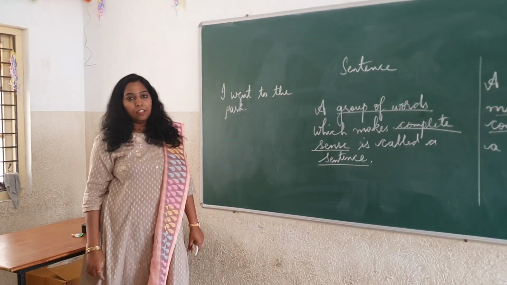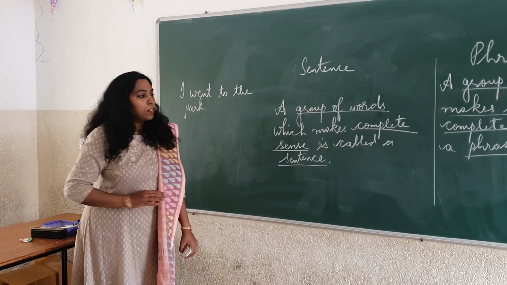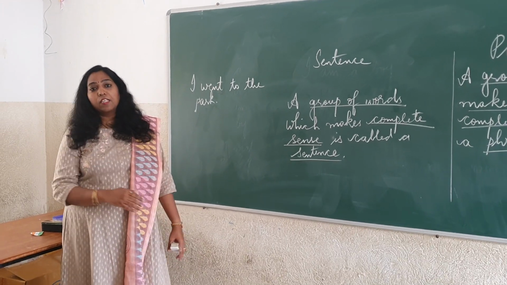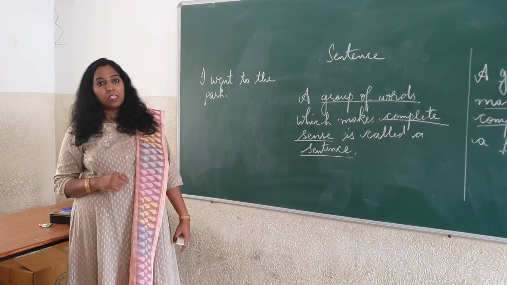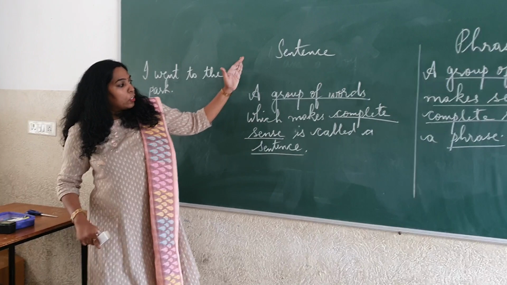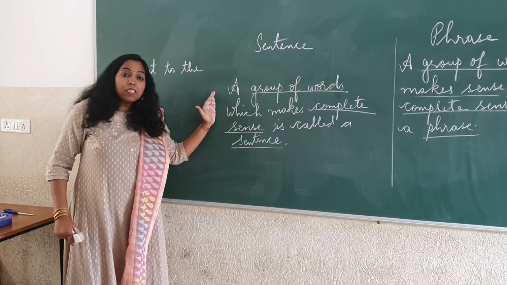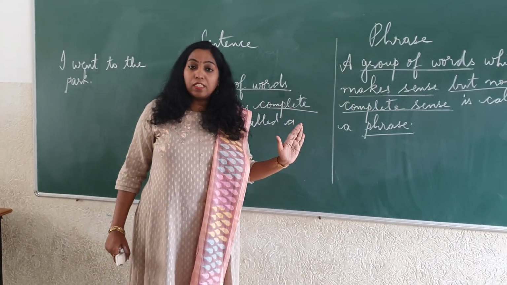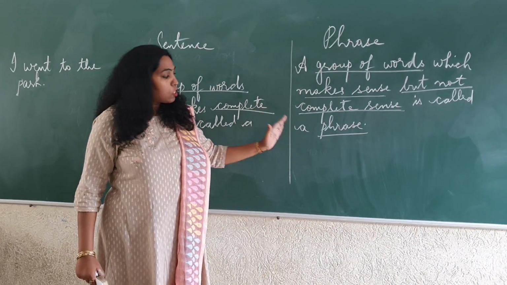Understood? Because I want this concept to be understood right from grade 3 level. I want my 3rd graders to understand this, 4th graders, 5th, 6th. So, a group of words which makes complete sense is called a sentence. A group of words which makes sense but not complete sense is called a phrase.